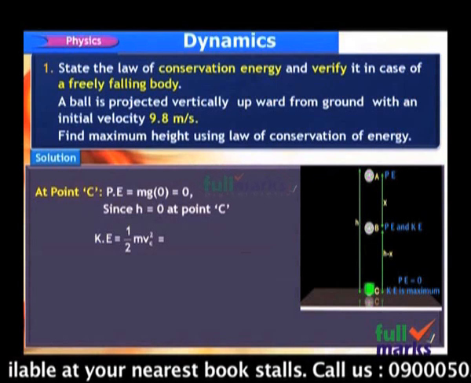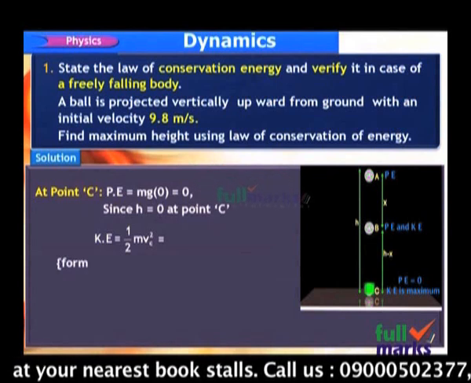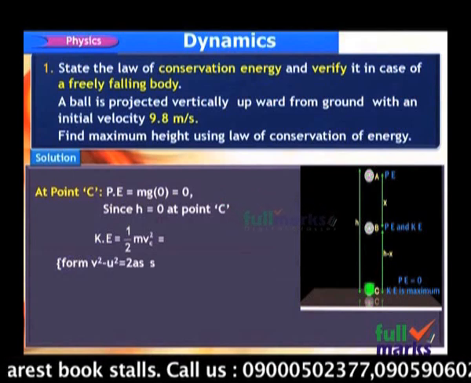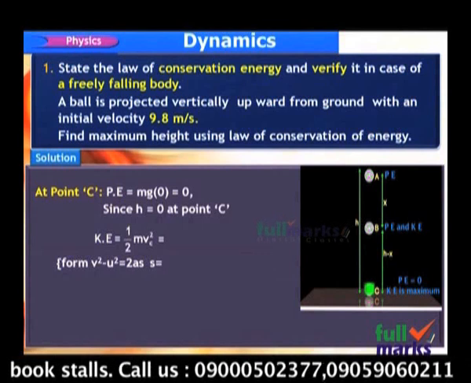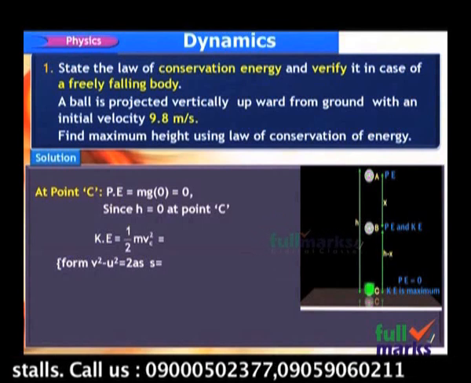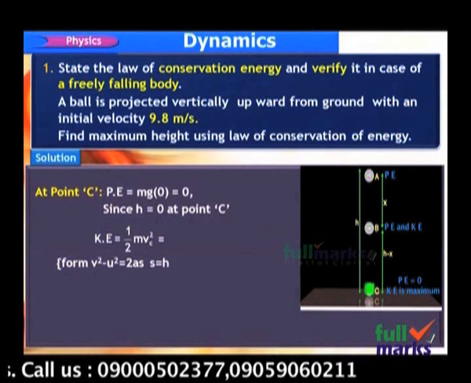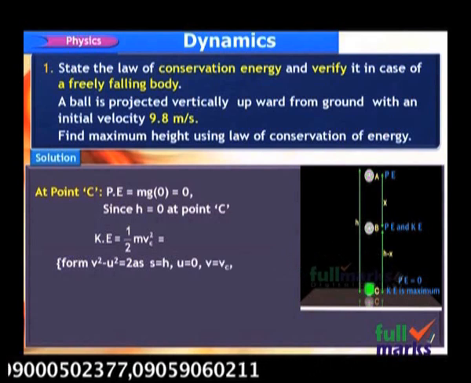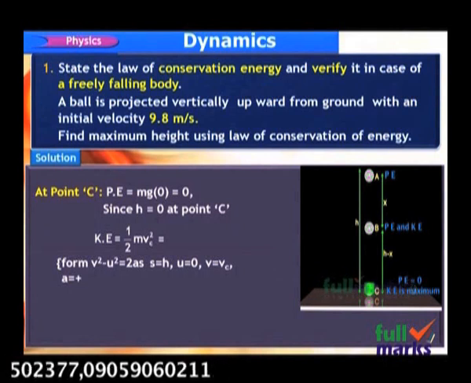Here vc is nothing but the velocity at this point. Again, for vc, you take the equation v square minus u square equivalent to 2as. Here s is nothing but the total displacement of the body. The displacement traveled is nothing but h. Initial velocity is 0. Final velocity is vc. Acceleration is acceleration due to gravity.